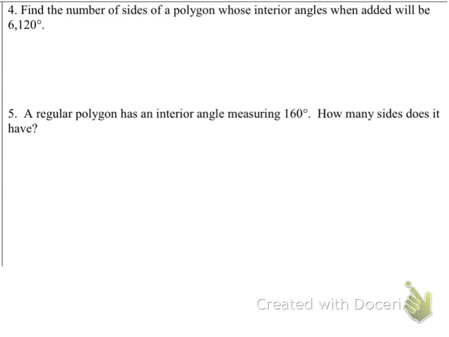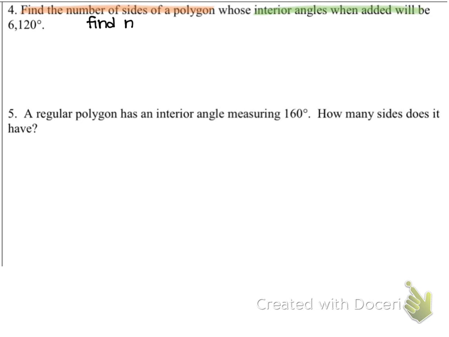Okay, moving on, getting closer to the end here, folks. We want to find the number of sides. So the number of sides of a polygon means that we are looking for n. So find n. That's important. Whose interior angles, when added, this sounds like the sum of the interior angles.